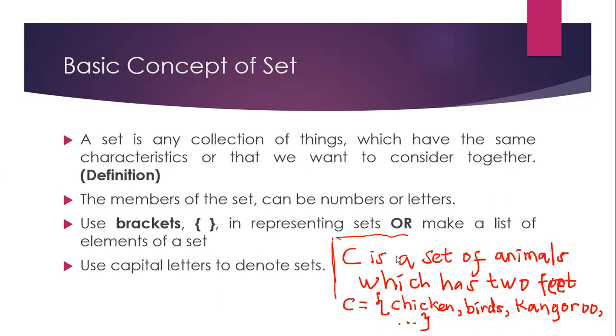According to the definition of set C that has been given in previous information, so in here you can see the example. C is a set of animals which has 2 feet. C adalah sebuah himpunan dari hewan-hewan yang berkaki 2 ya.